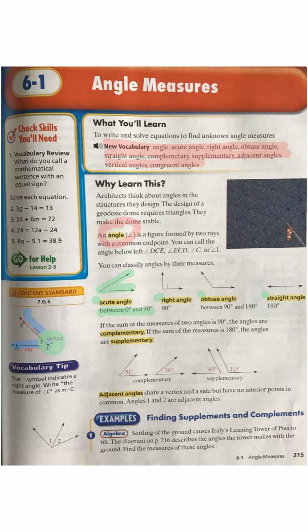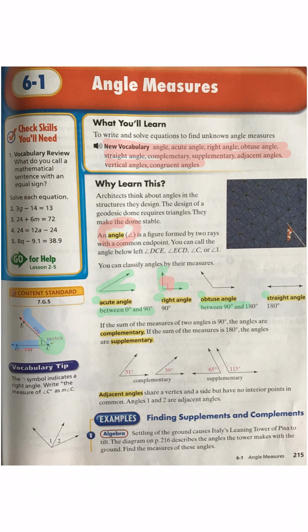A right angle has a straight line up, a straight line to the side, and the center area is usually marked with that square, showing it is exactly 90 degrees, and that is called a right angle. The next angle we're looking at is an obtuse.